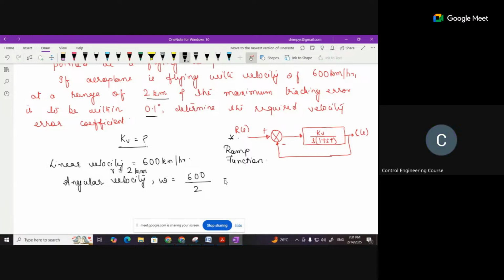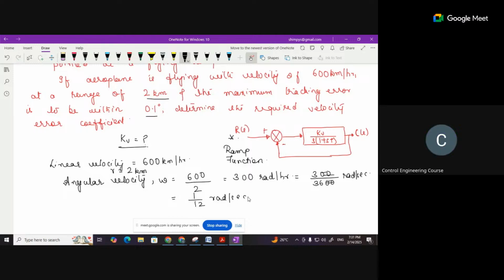So this comes out to be 300 radians per hour. Now convert it into radians per second. How much will it be? 300 by 3600 radians per second, so 1 by 12 radians per second.